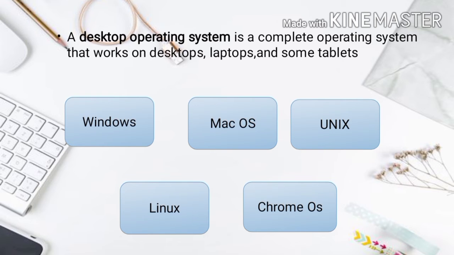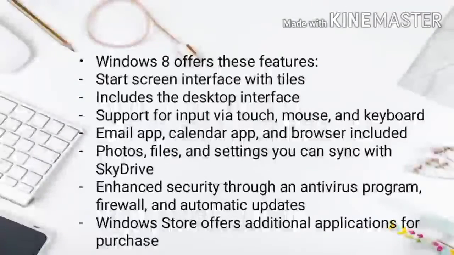Types of operating systems. The three most common operating systems for personal computers are Microsoft Windows, Mac OS, and Linux. Windows 8 offers a start screen interface with tiles, including the desktop interface, support for input via touch, mouse, and keyboard, email app, calendar app, and browser included.